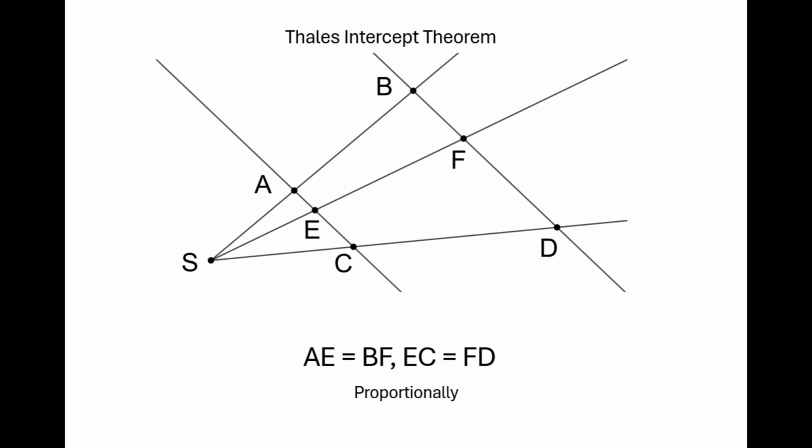Now, Thales intercept theorem is shown here where the proportionality of B to F is equal to the proportionality of A to E. Now, this intercept point is S, and with the values, we're going to drop a line down to an intercept point from the 288 marker, and this will give us the start of our Thales intercept theorem.